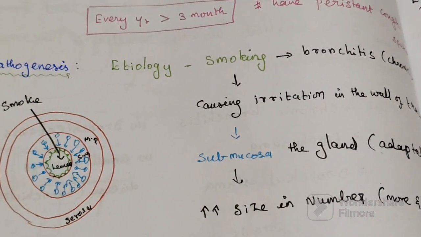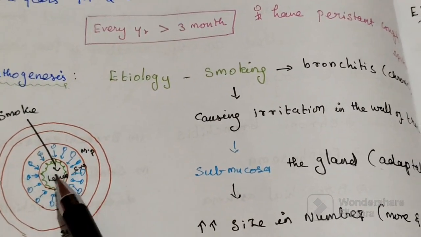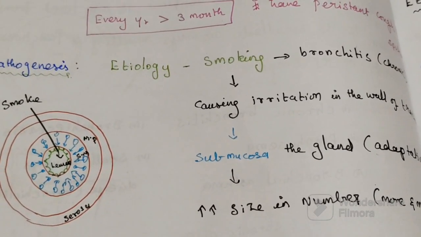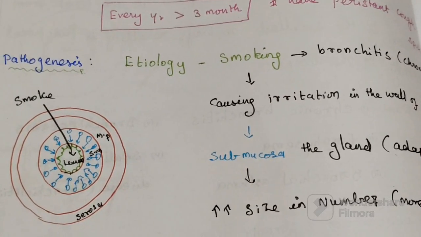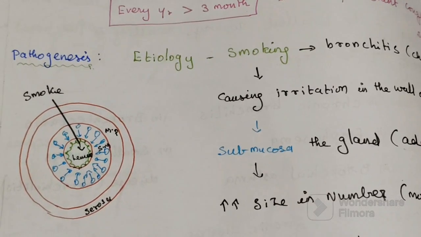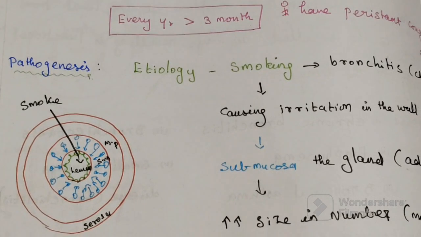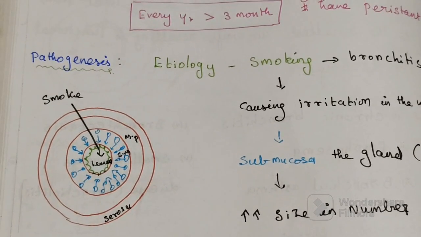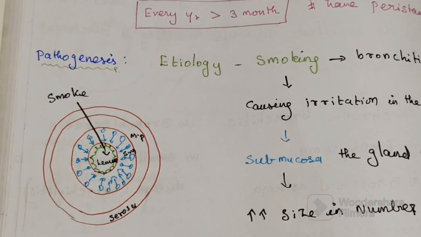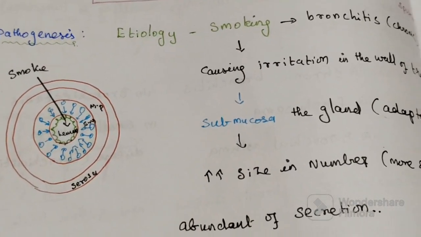That's why the glands in the submucosa respond as a part of adaptation: they increase in size and number. So the glands in the trachea increase in size and also in number.